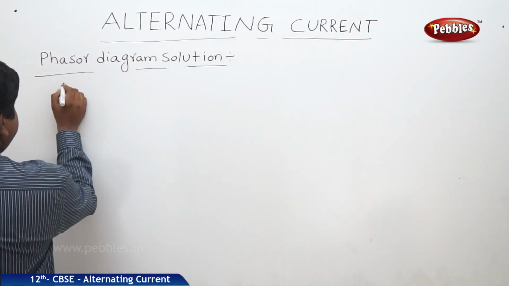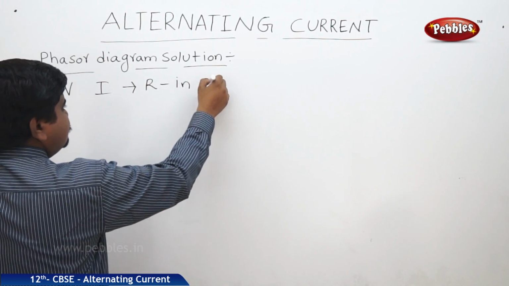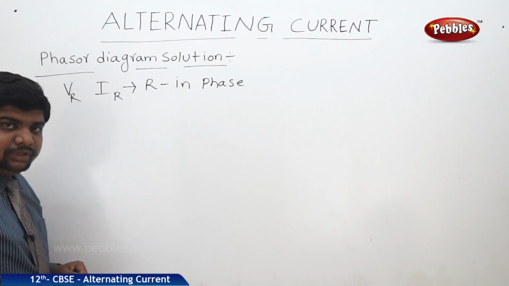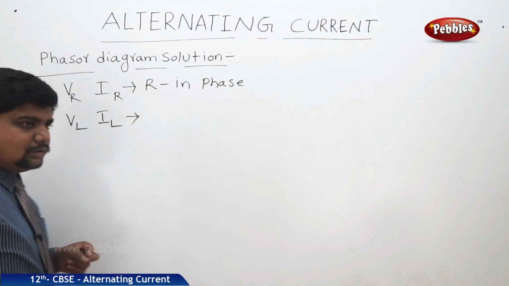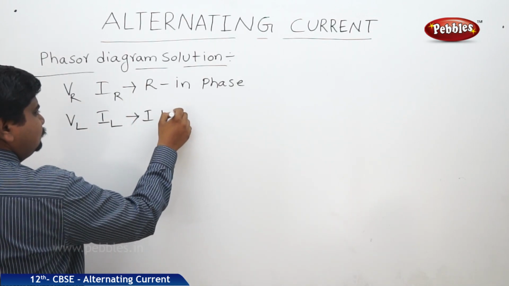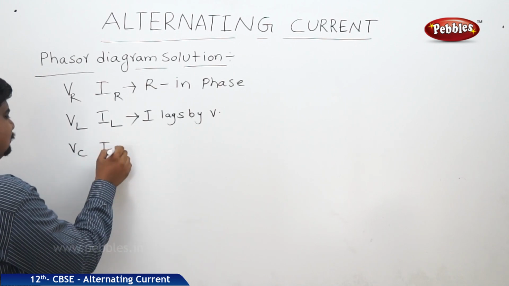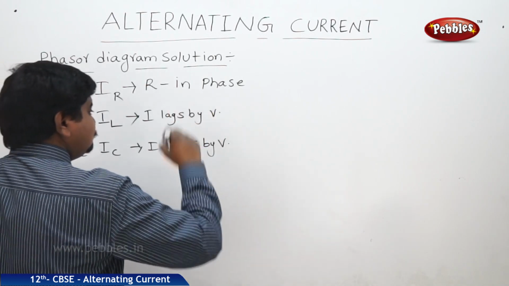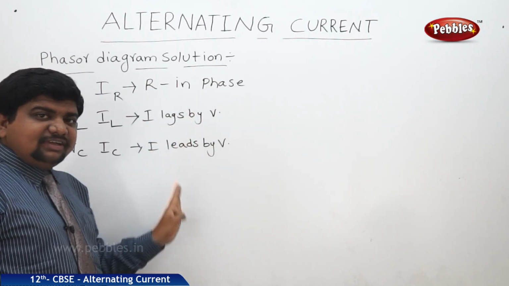For the resistor, V and I are in phase, that is VR and IR. In the inductor, I lags V. In the capacitor, I leads V. So we are going to find the solution for these three phase relations.